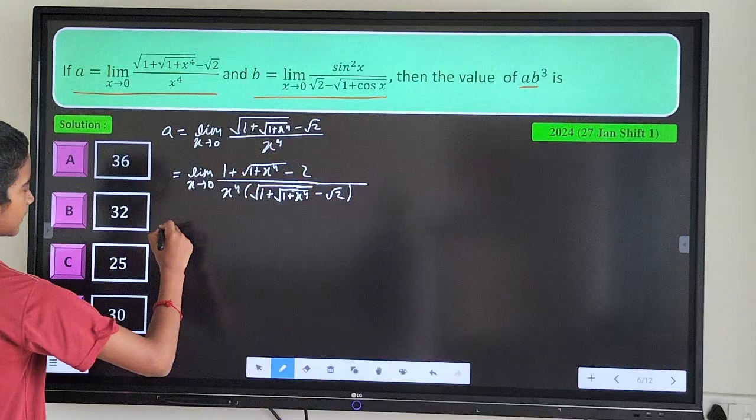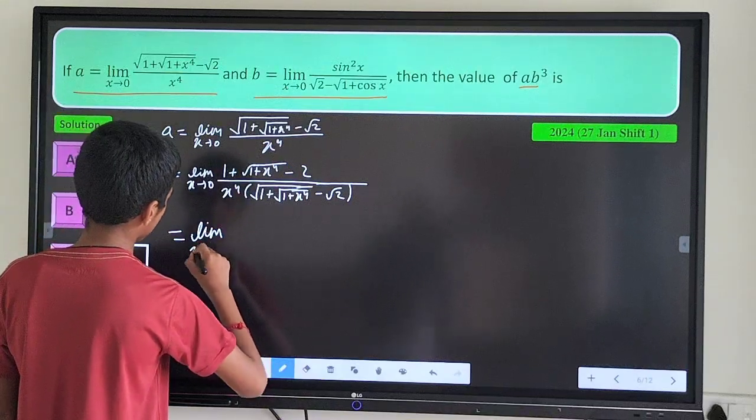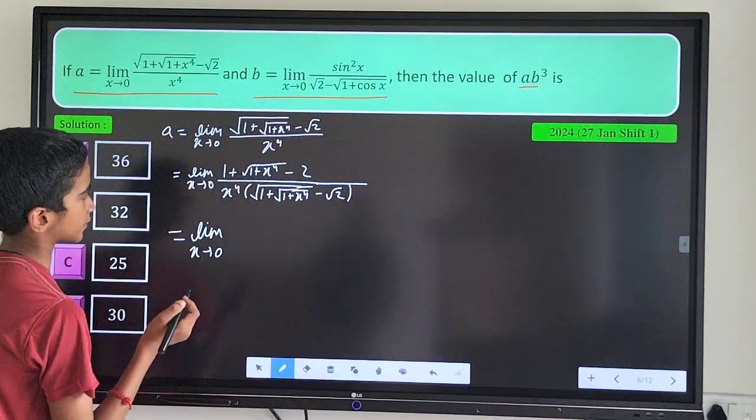Now we will again rationalize the numerator, so we will get limit x tends to 0. Our numerator is under root of 1 plus x4 minus 1.